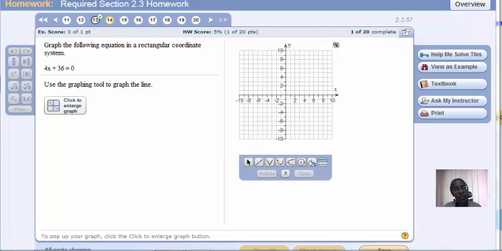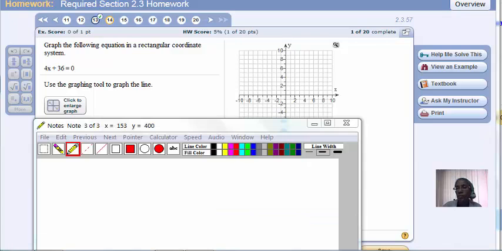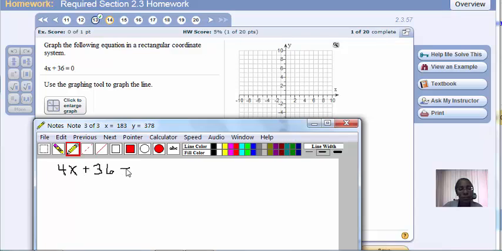Here's another equation, 4x plus 36 equals 0. So let's look at how we're going to address this. Okay, well, first of all, I need to put this in another form. So what I'm going to do is work with this by first subtracting 36 from both sides.